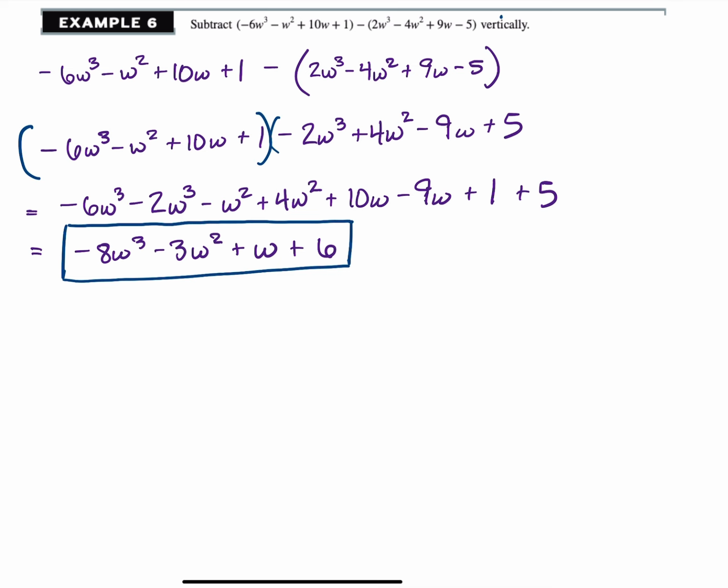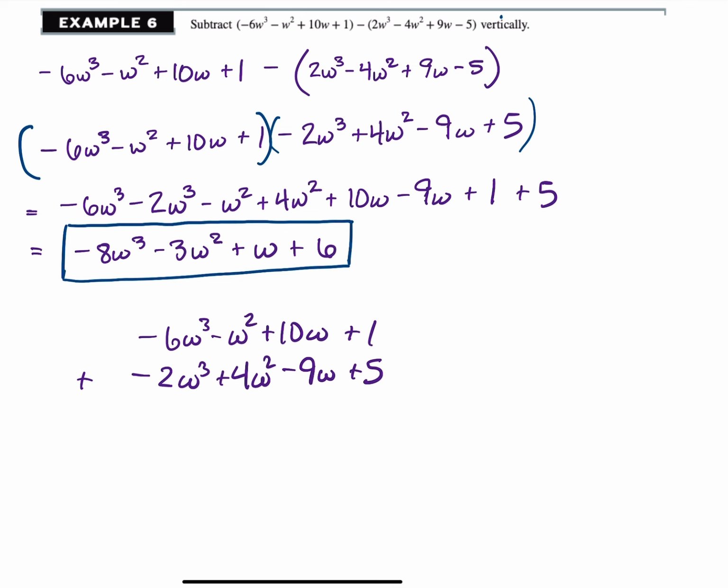And then we have our second polynomial. We could write these vertically like minus 6w cubed minus w squared plus 10w plus 1. And we're adding our second one, minus 2w cubed plus 4w squared minus 9w plus 5.